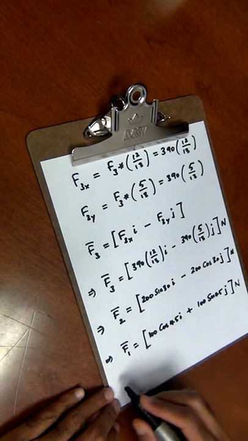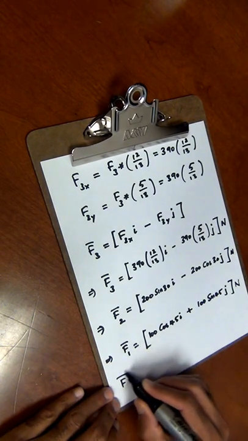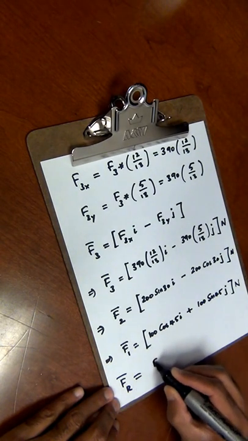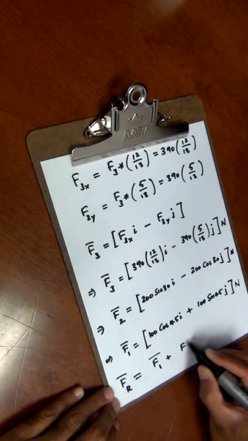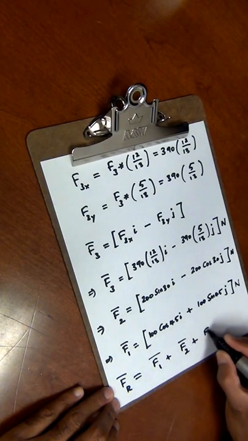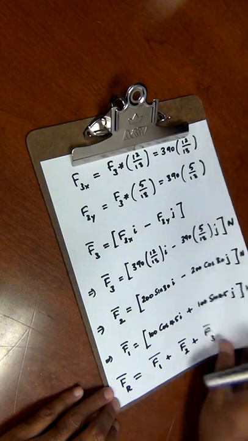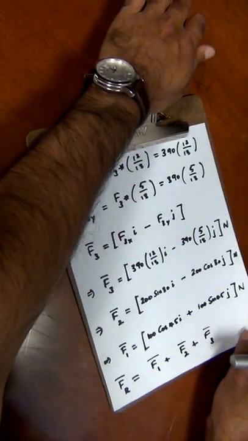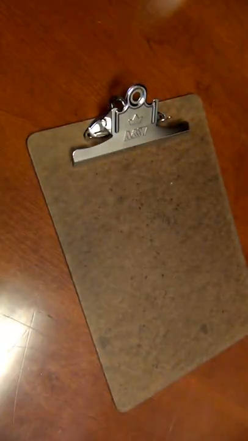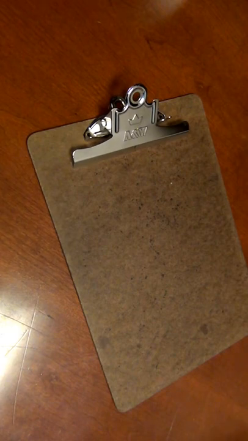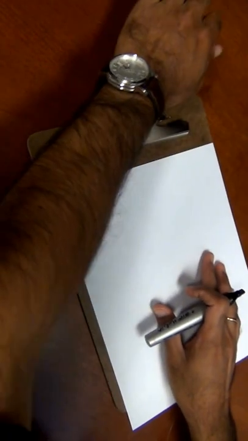Alright, and then the key idea is that the resultant vector is going to be the vector sum of all these three fellows, and all we have to do is perform the vector sum now. Alright, so let's do that. So I write out the resultant vector in the following form.